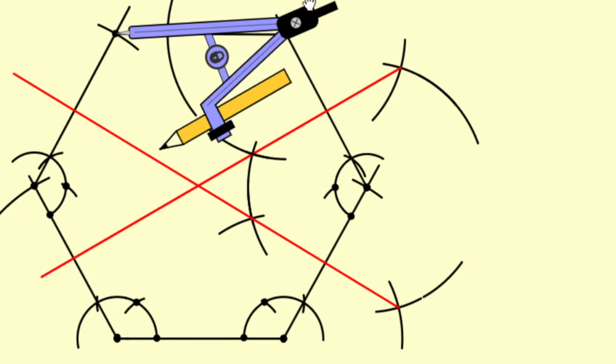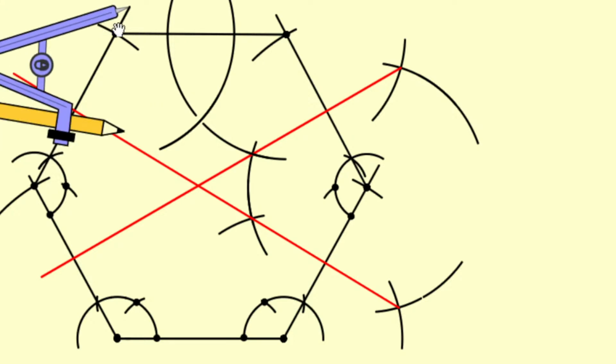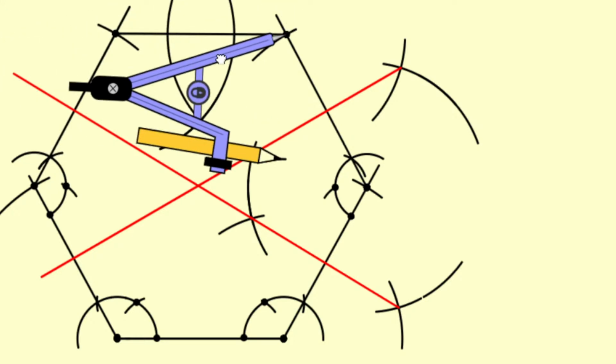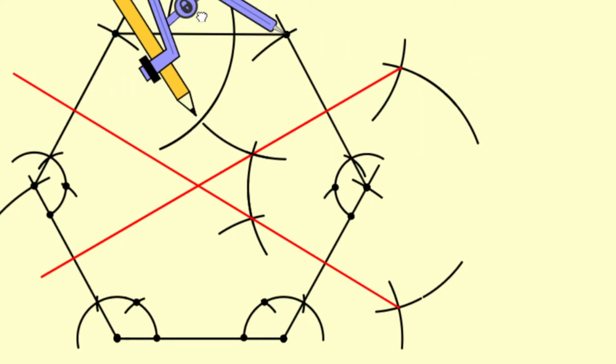The arcs are not intersecting here. At the other point, I'll just keep. Okay, so it's done now. I'll draw the third bisector also.